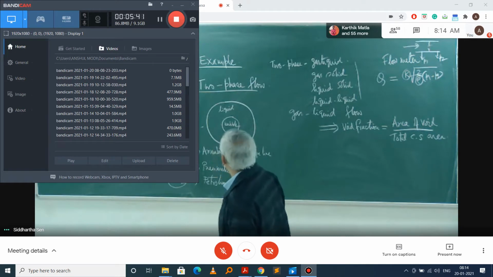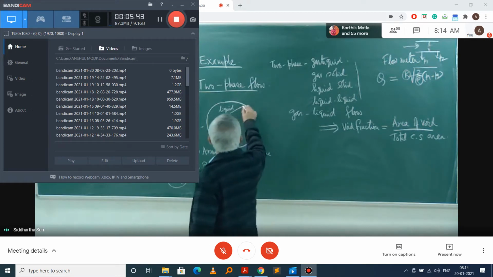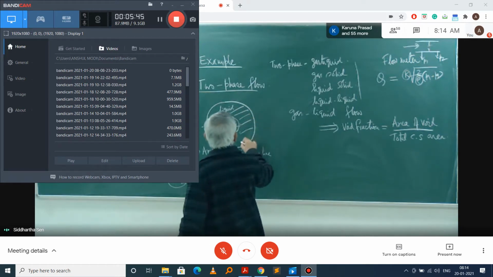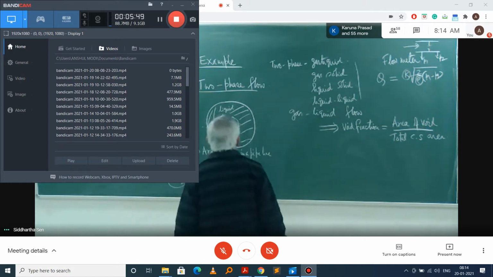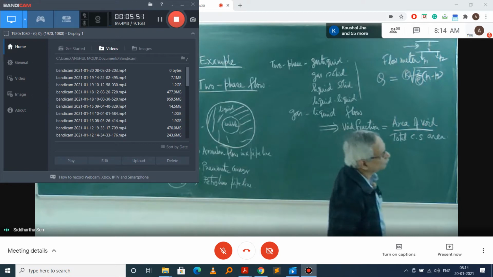But if it is a two-phase flow where the liquid and the void or bubble are there, then what will be the value of rho?